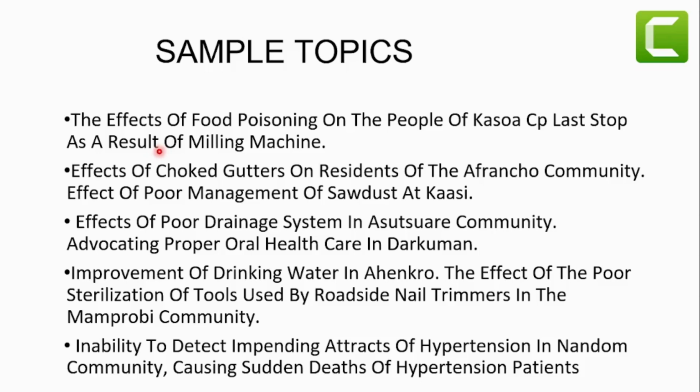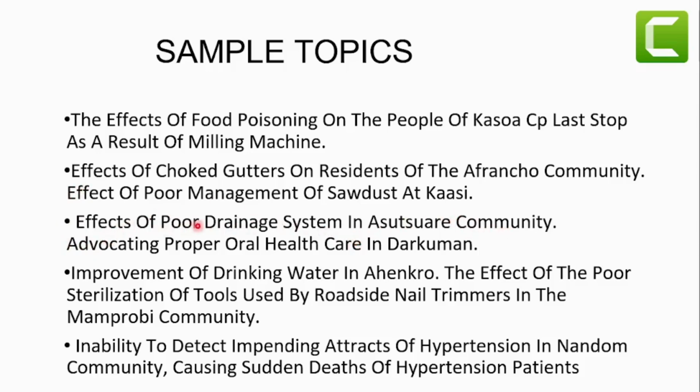That is biomedical engineering. Then we can see from here it says effects of poor drainage system in estuary community. For this one, though it was not bulleted, it's also part of the topic, as well as this one too: the effects of poor drainage system in estuary community.